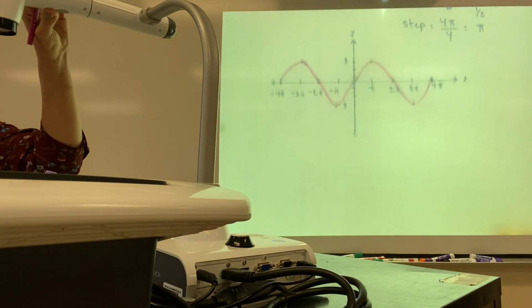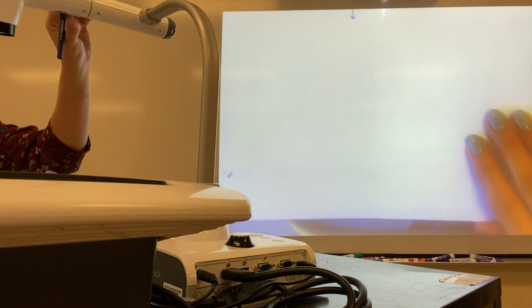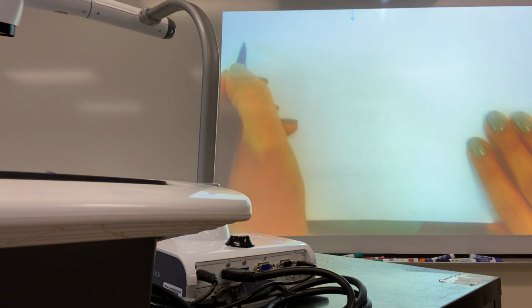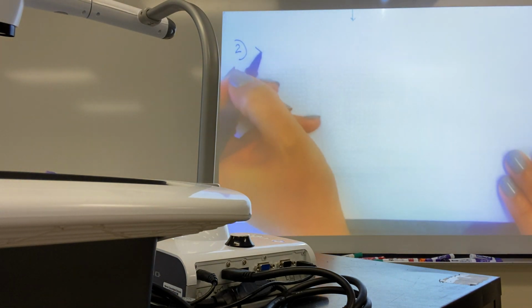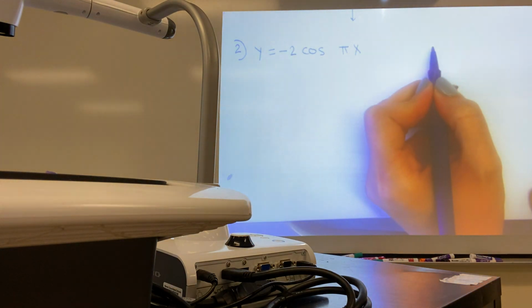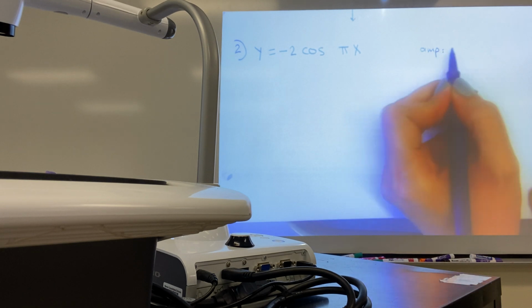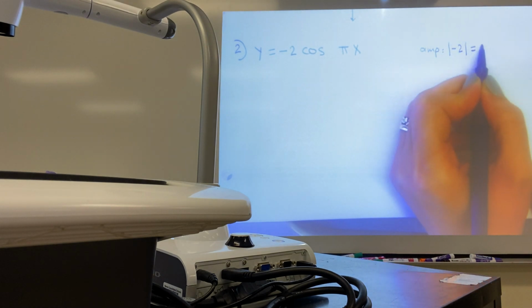Okay, next let's look at another one. We will do a cosine function this time. So here is number 2. We'll do y equals -2 cosine pi x. Okay, so let's look at the amplitude. It is the absolute value of -2, and that is 2.